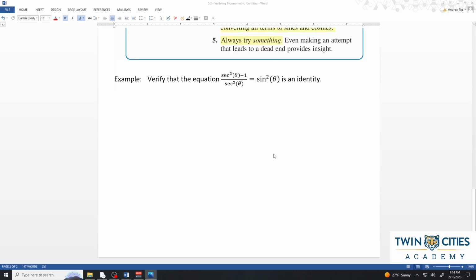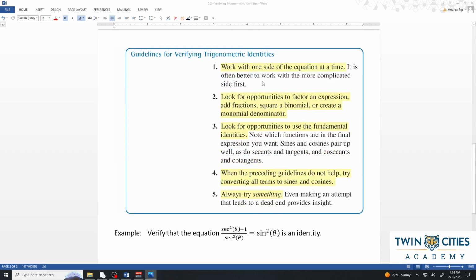So let's try to verify that this is an identity here. Secant squared of theta minus 1 over secant squared of theta is equal to sine squared of theta. Based on my guidelines, I'm going to work with one side at a time, and we're going to try the more complicated side.